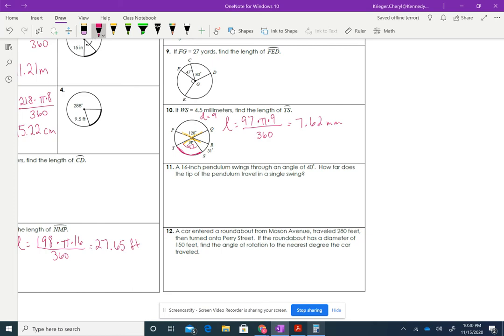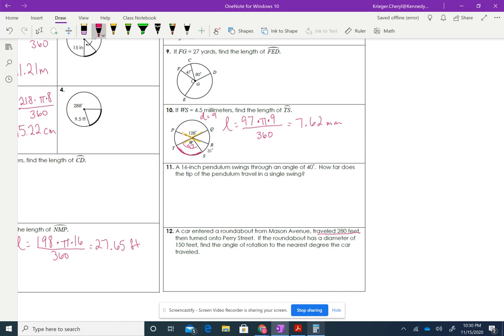Okay, and then we have 11 and 12, which are our application problems. So I'll try number 12. It says, a car enters a roundabout from Mason Avenue, travels 280 feet, then turned onto Perry Street. If the roundabout has a diameter of 150 feet, find the angle of rotation. Okay, well, this one's tricky. So they give us the arc length, right?